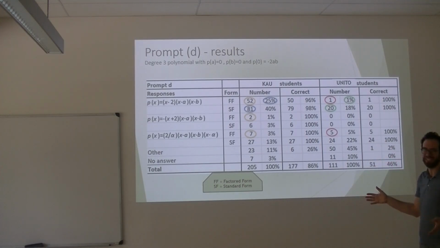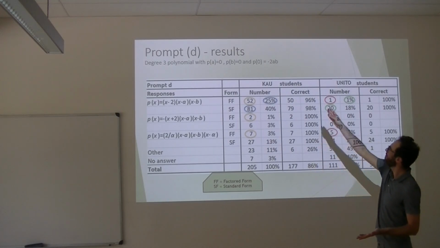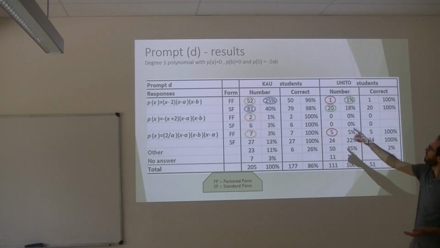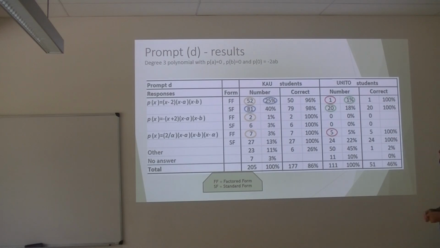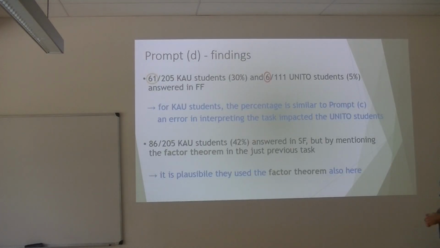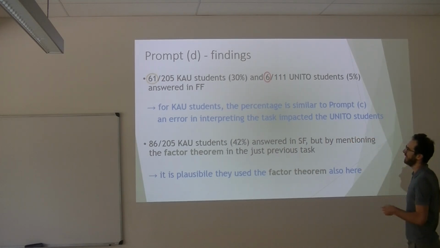This is another cultural perspective. So some of the students provided an example of degree 3 with P of 0 equal to -2ab. And in this case, again, the percentage of using the factor form is quite similar to prompt C. This is the error impacting the individual students.